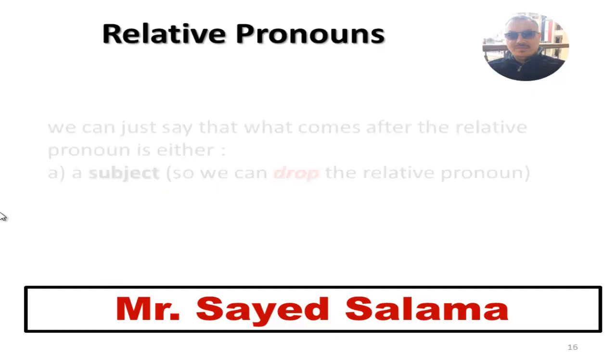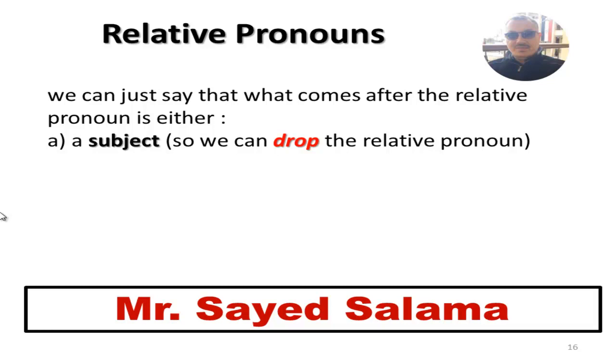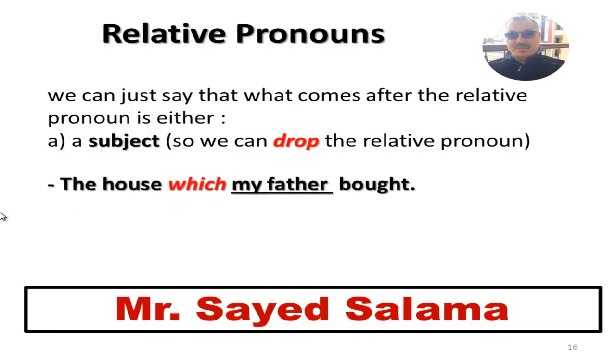The next. What comes after the relative pronoun is either a subject or a verb. If it is a subject, we can drop the relative pronoun. Another example, the house which my father bought. My father is a subject.